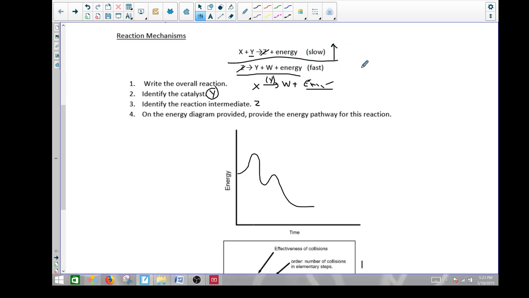So rate equals k, and then what's in the slow step connectivity? An X hits a Y. There's one each. So X will be to the first, and Y will be to the first. And it will be second order overall. That's how they describe that. Second order overall, first order with respect to X, first order with respect to Y. All right, that's that.